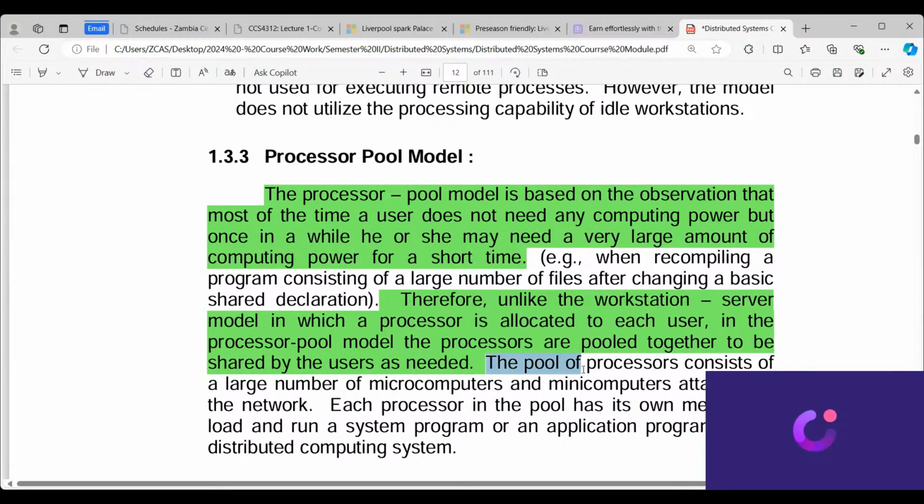So the pool of processors consists of a large number of microcomputers and minicomputers attached to the network. Each processor in the pool has its own memory to load and run a system program or an application program of a distributed computing system.